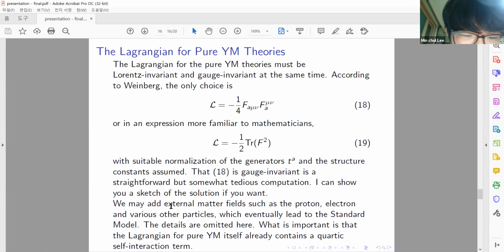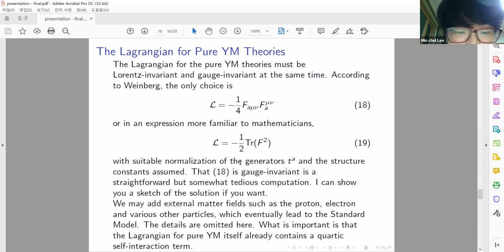And we may add external matter fields such as the proton, electrons, and various neutrinos and various other particles, which couple to the Yang-Mills Lagrangian, which eventually leads to the standard model. The details are omitted here because they are very complicated.